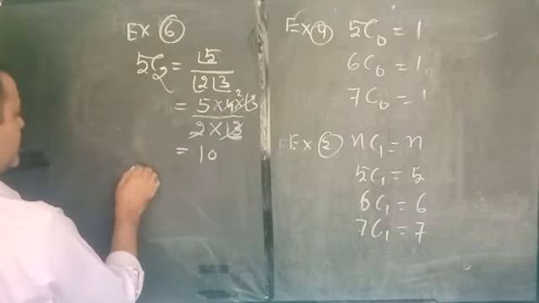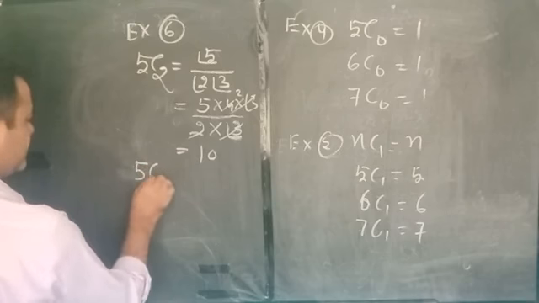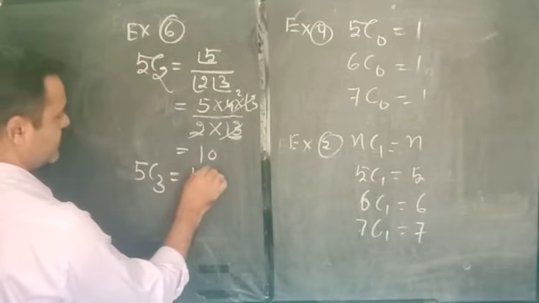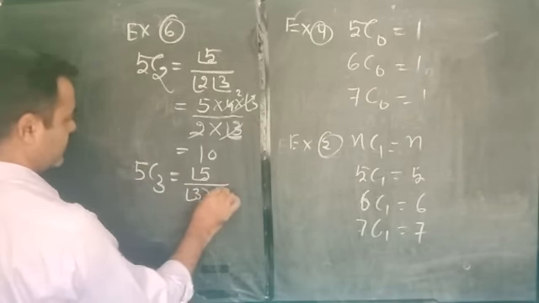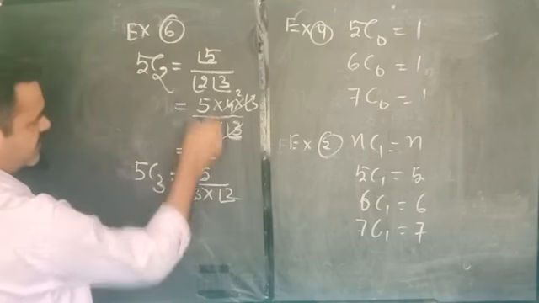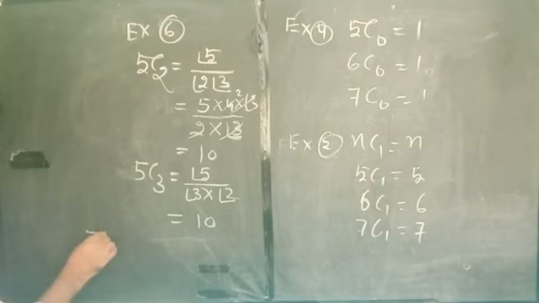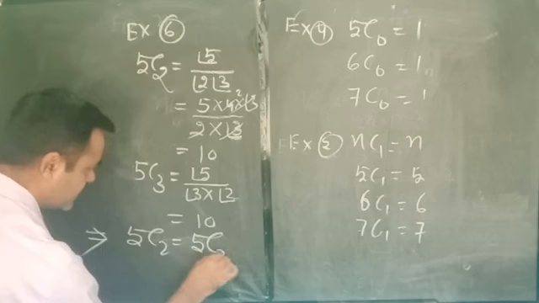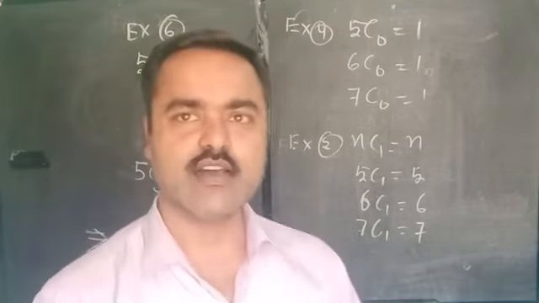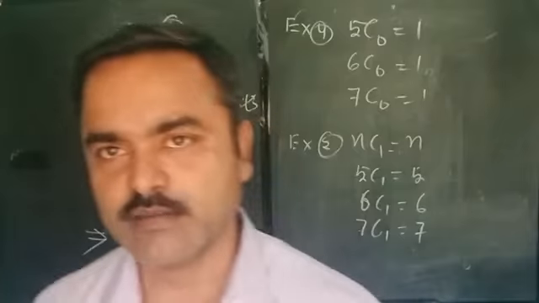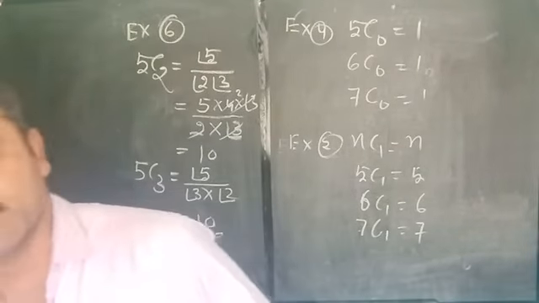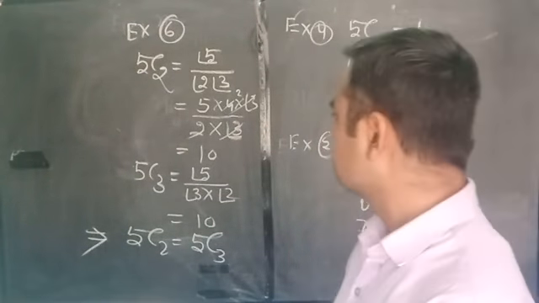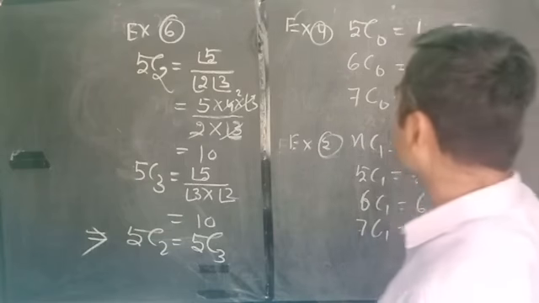Similarly, if I ask for the value of 5C3, it equals factorial 5 divided by factorial 3 into factorial 2. This is all the same, so this is also 10. So one result you get here is 5C2 equals 5C3, that is, nCr equals nC(n minus r). These are the concepts and some results from combination.